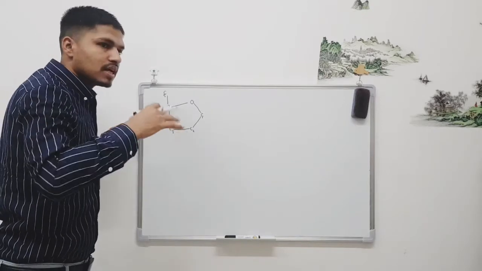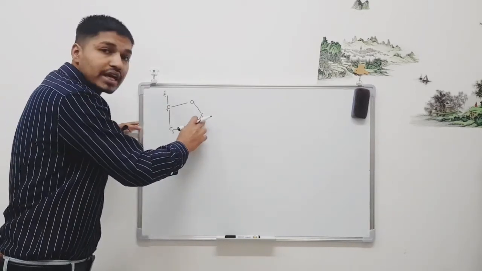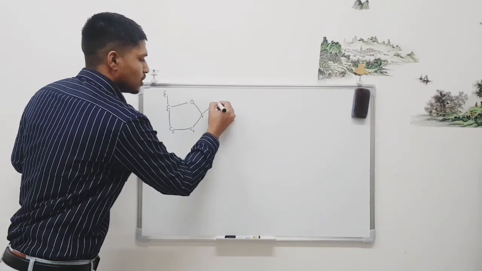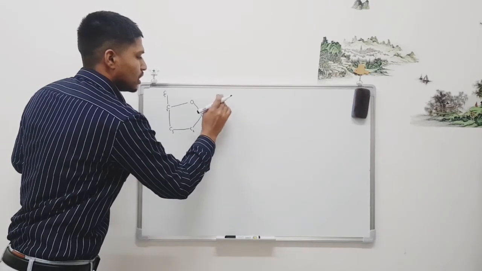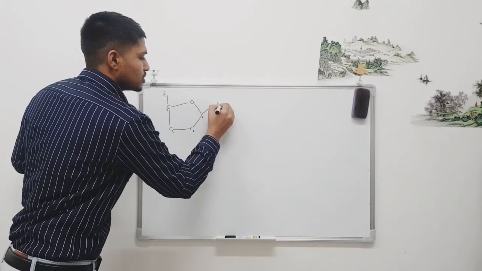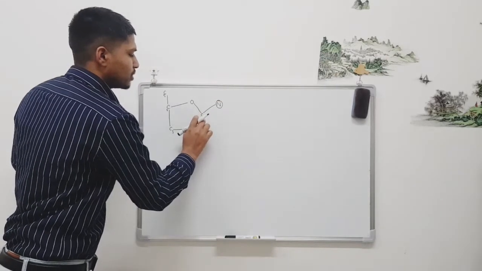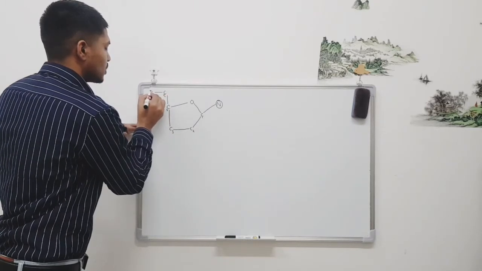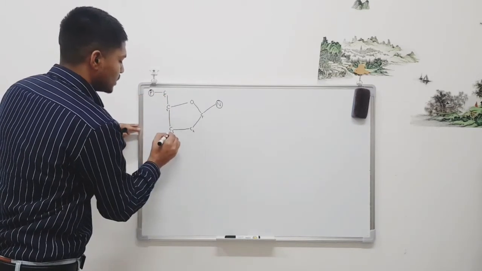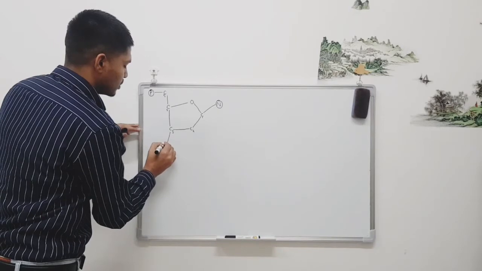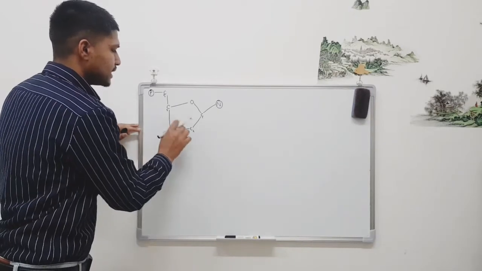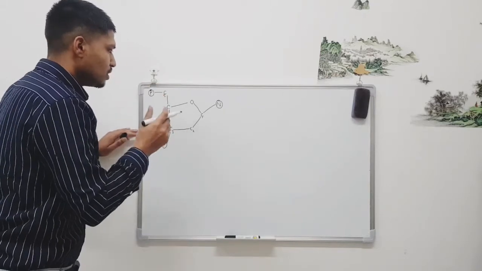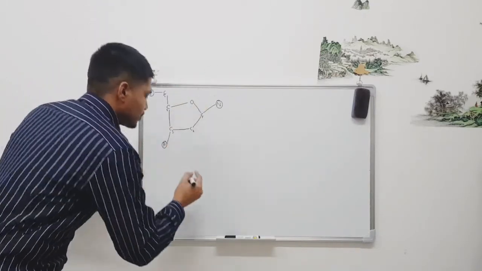But as I told you, our nitrogenous bases always attach on carbon number 1 and our phosphate molecules attach on carbon number 5, or they can attach on carbon number 3. So basically this is the first nucleotide structure. Okay, let's draw another nucleotide structure.